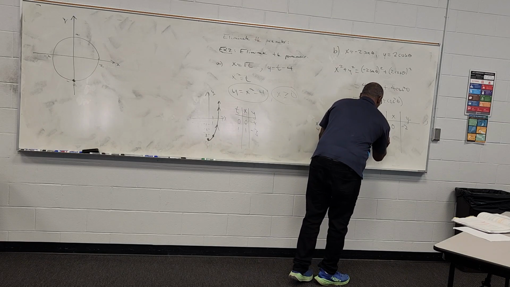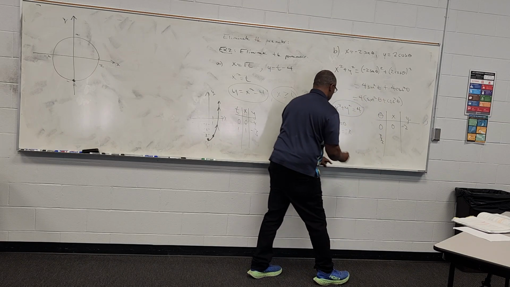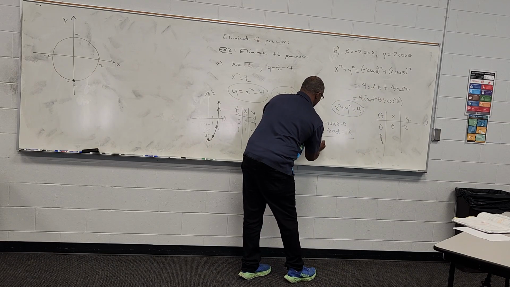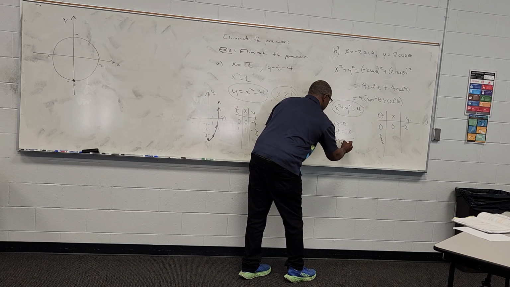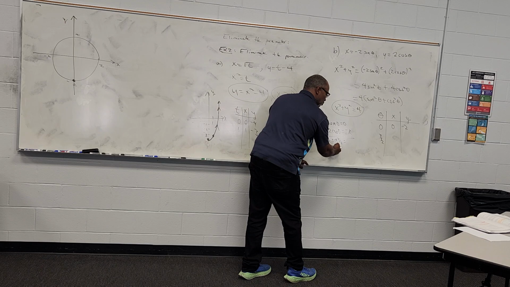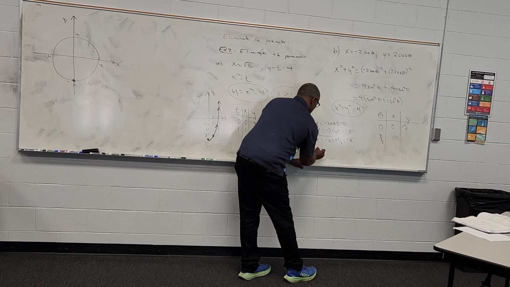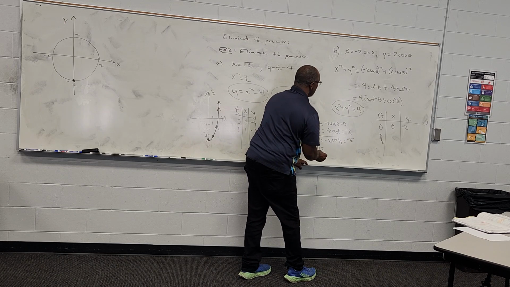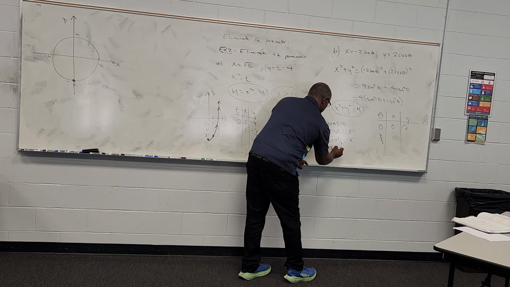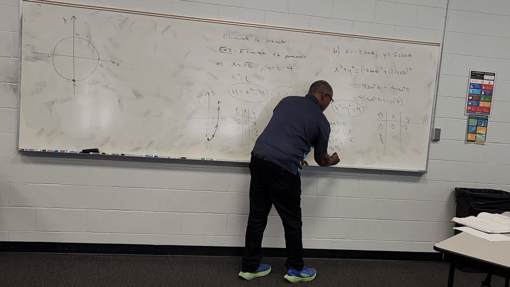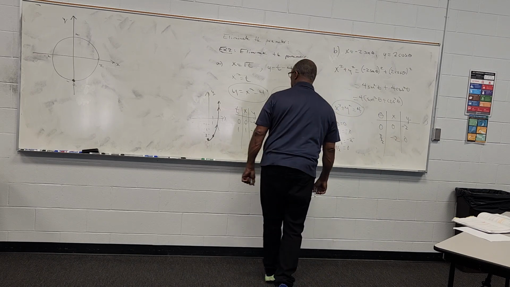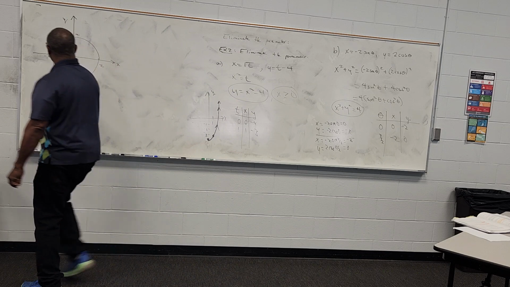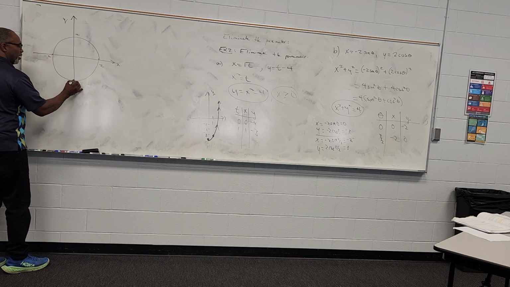So let's just choose something nice. I'm going to choose pi over 2. Now, x would be -2 sine of pi over 2. Sine of pi over 2 is 1, so that's -2. Y would be 2 cosine of pi over 2. Cosine of pi over 2 is 0. So we get -2, 0. The x-coordinate is -2. The y-coordinate is 0. So we started here, and now we're here.